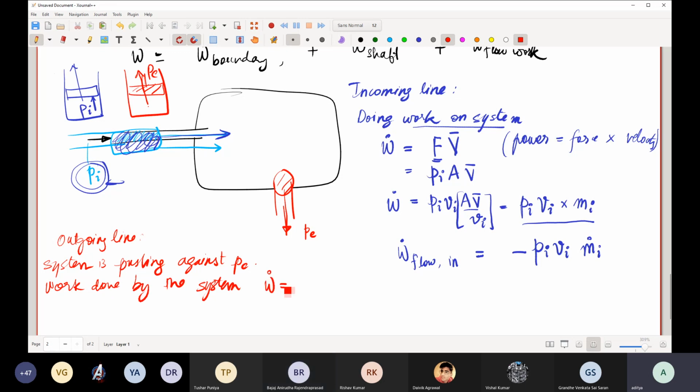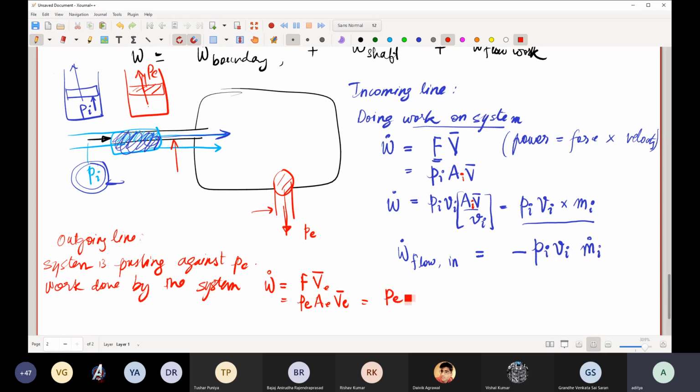So it is going to be W dot equal to force times the average velocity at the exit. So this is going to be P at the exit times the area at the exit. This is inlet, this is outlet. Don't be confused, because this pipeline can have a different diameter. So this is the velocity at the exit. Simply I can apply the same logic.